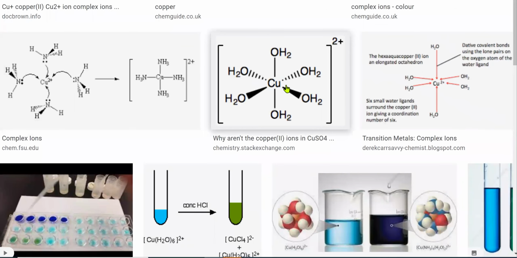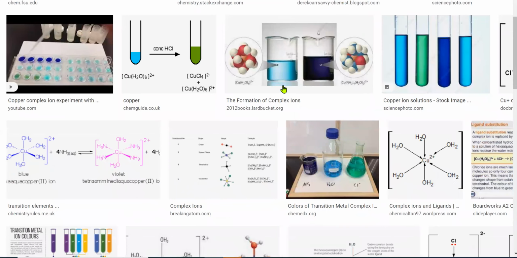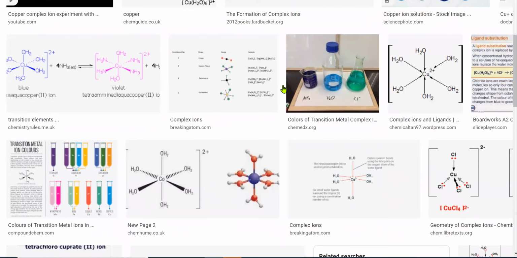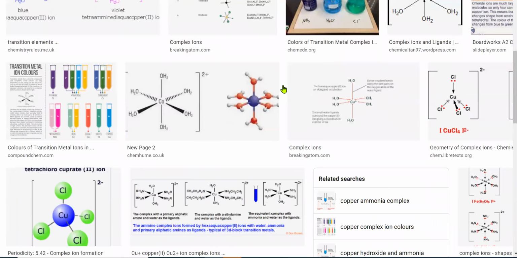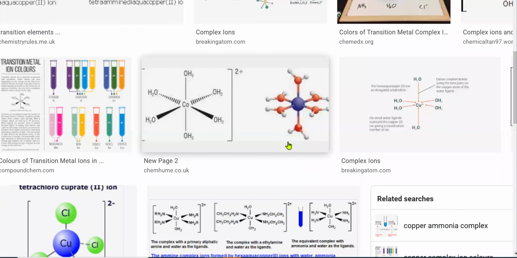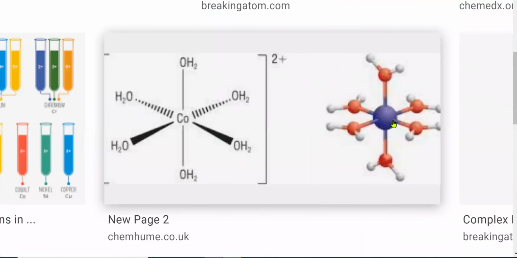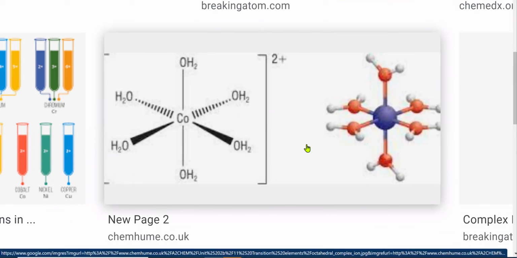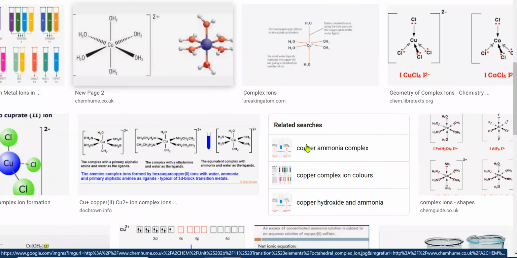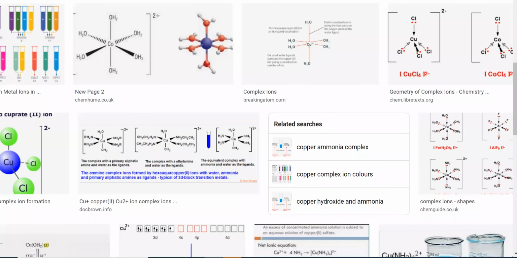Same with water molecules. There are a number of solvents in which these things dissolve, and from all sides, water molecules. This is cobalt. This is how cobalt ions would look in water, with 6 water molecules sticking to it. So there would be bond formation taking place.